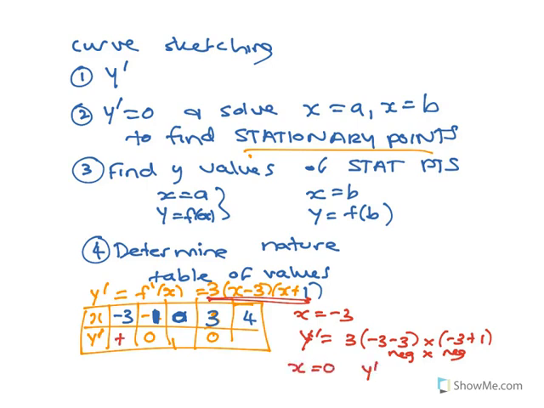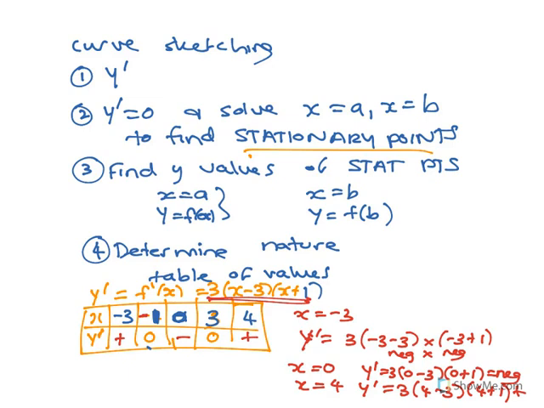If you put 0 in there, y dash would be 3 times 0 minus 3, 0 plus 1, which is a negative. If you put in 4, y dash equals 3 times 4 minus 3, 4 plus 1, which is a positive. So you draw up a table of values and put the values in between.